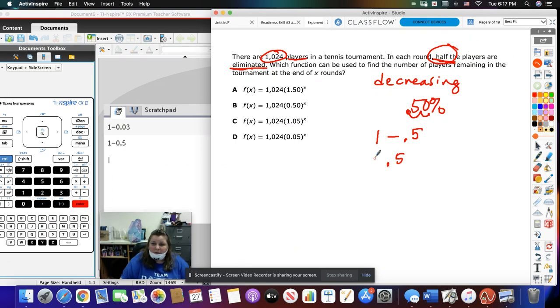So inside that parenthesis, I should have 0.5. This one is bigger than 1, so that's increasing. This one is bigger than 1, that's increasing. This is decreasing and this is decreasing, but from what we got, we know the answer is B. Inside the parenthesis has to be 0.5. And they went ahead and put the 0 here, but you don't have to have it, but you can.